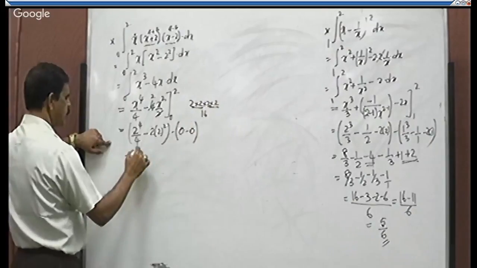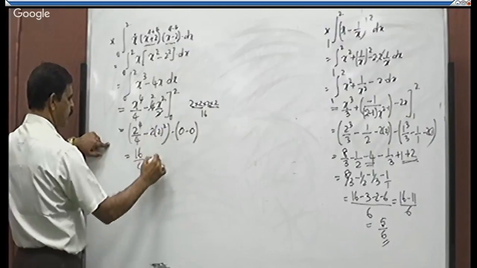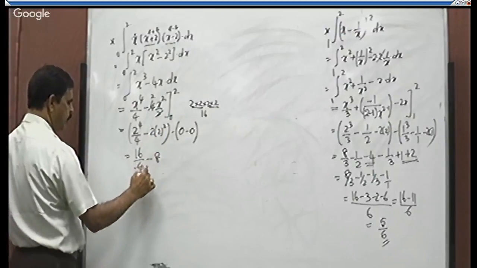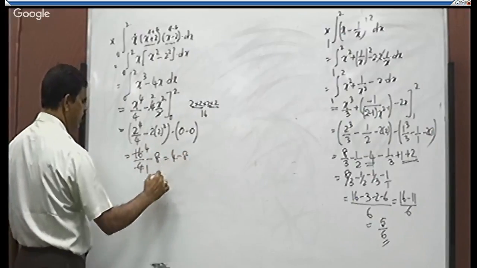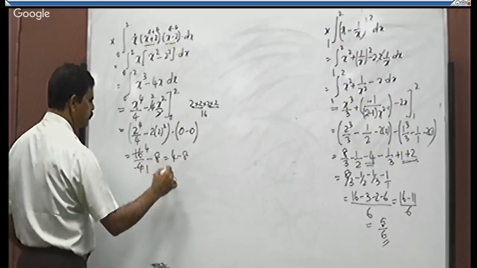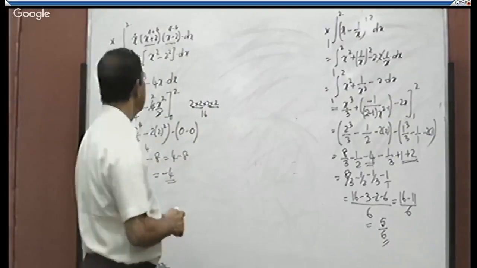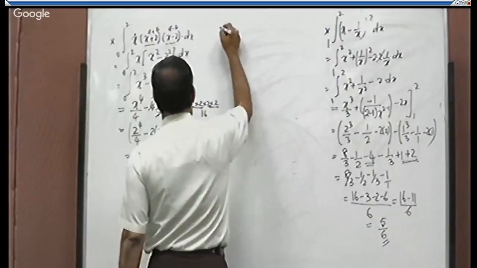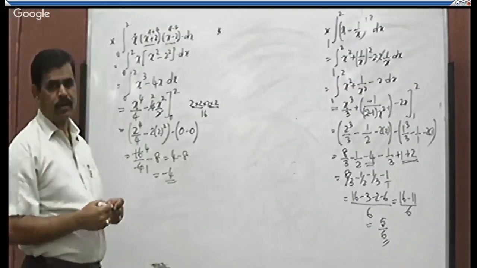That is 16 divided by 4 minus 2 square, 4, into 4 into 2, 8. It is 4 minus 8, or it is minus 4. 4 minus 8 is minus 4, right? So like that we can integrate algebraic terms, right?